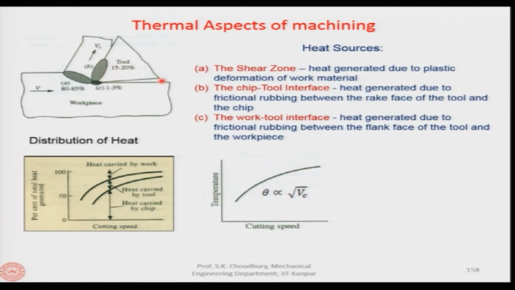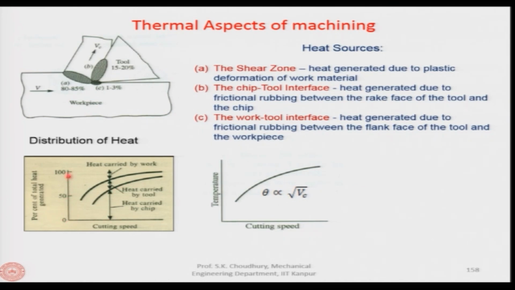Now, earlier also we have discussed that when the cutting velocity or cutting speed increases, then the temperature increases non-linearly. So, theta is proportional to root over V c. Therefore, when the cutting speed is increasing, the heat increases.